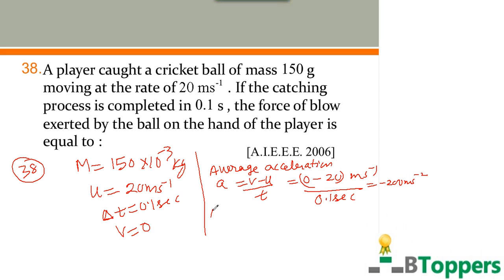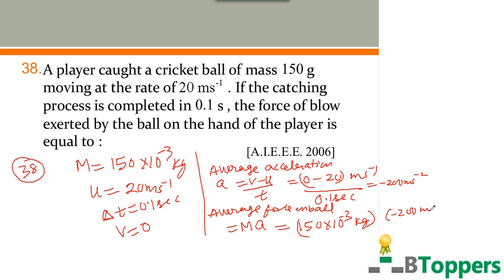From Newton's second law, the average force exerted on the ball, of course by the hand, is equal to the mass of the ball into the average acceleration. That is 150 into 10 power minus 3 kg into minus 200 meter per second square.